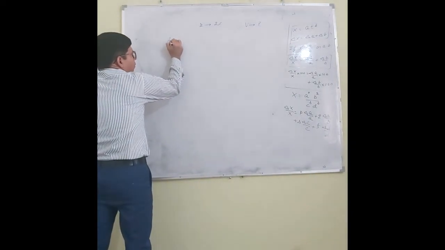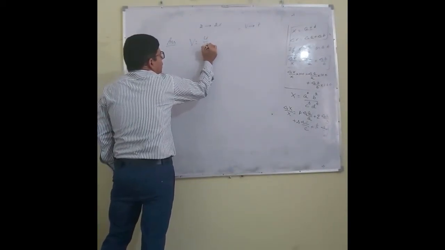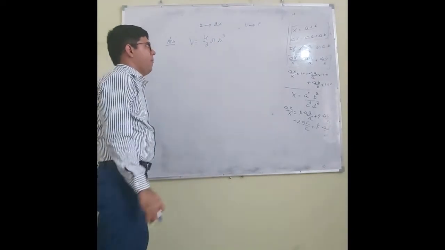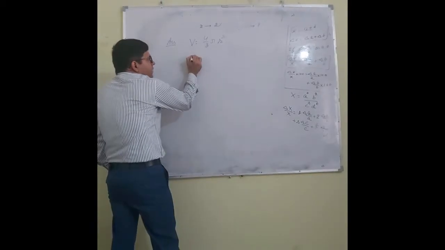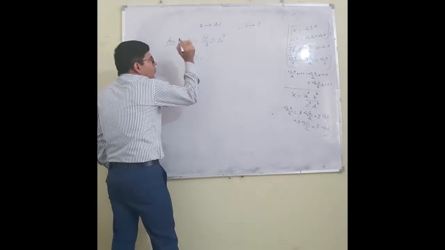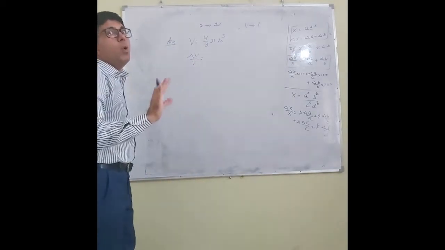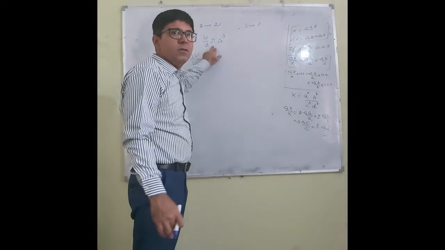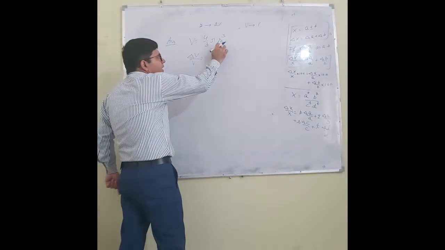Now, we know that the volume of a sphere is 4/3 pi r cube. What is the relative error in volume? What is the relative error in 4/3? No error. They are absolute quantities. Pi, there is no error in pi. Right? So what is the error in r cube?